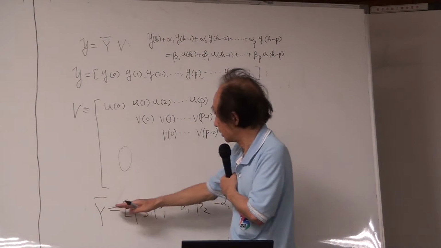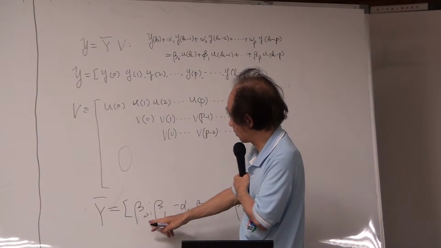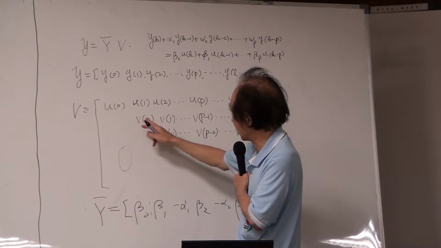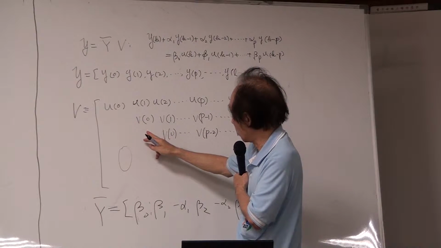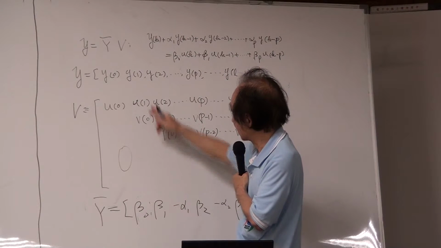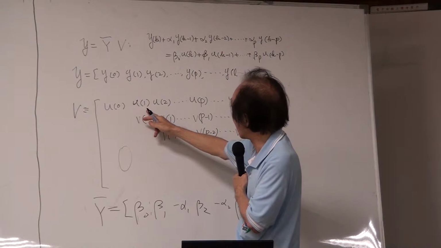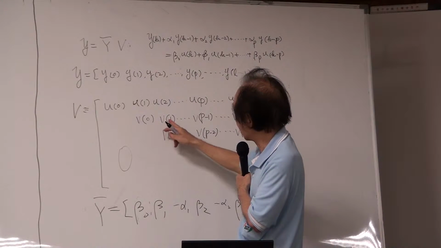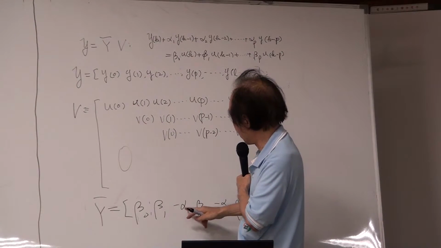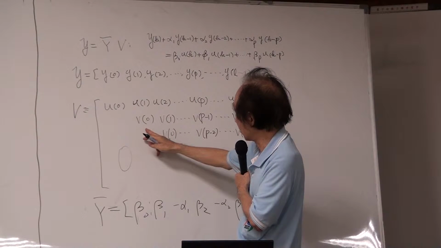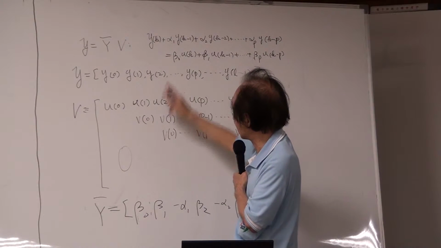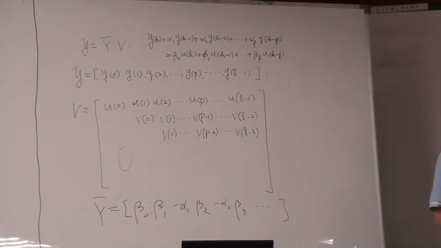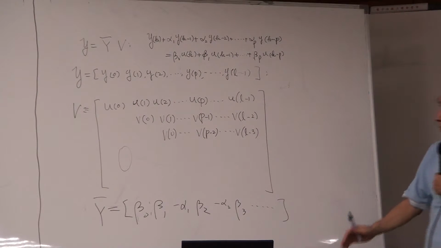So, this one times this one is beta 0 u1 times beta 1, but this one has two terms, u0 and y0. So that's beta 0, and then beta 1 u0 minus alpha 1 y0. Agree?